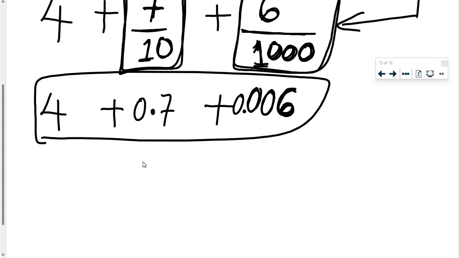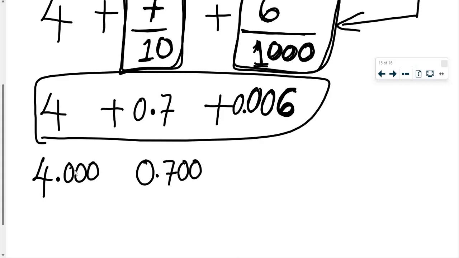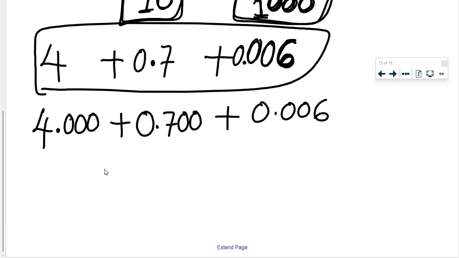How do we do that? Simply add 2 zeros. How do we write a 4 to have again 3 decimal places like this number? Keep a point, then 1, 2, 3. Now, you can add these 2 numbers to your 0.006.